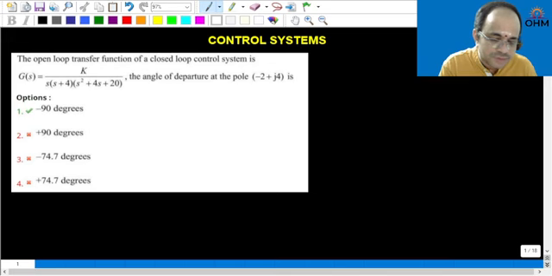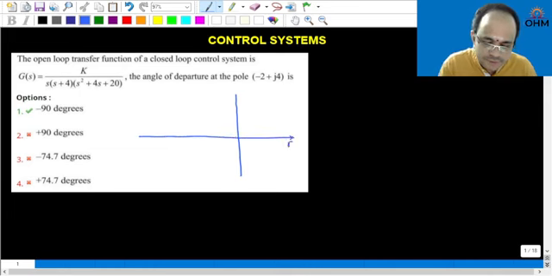Now for this system, suppose you draw the open loop pole locations.